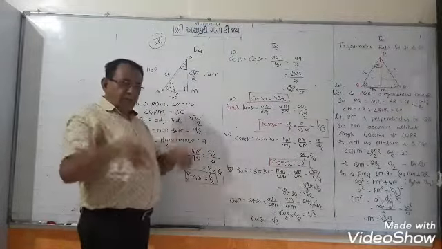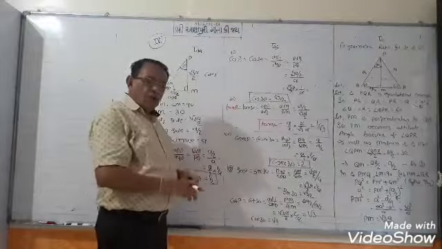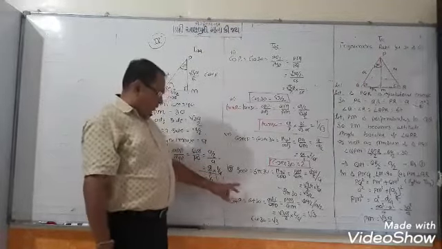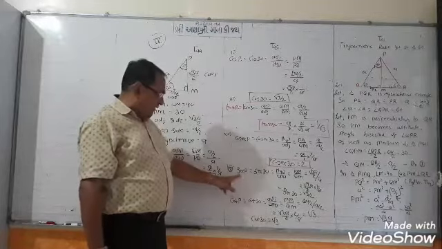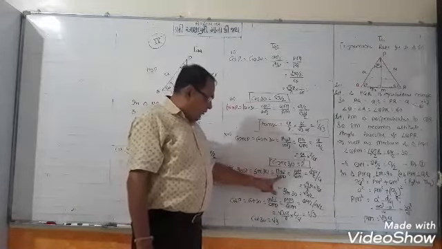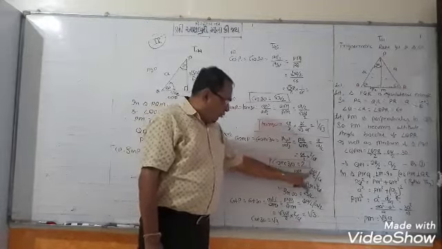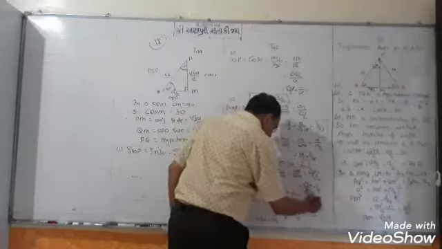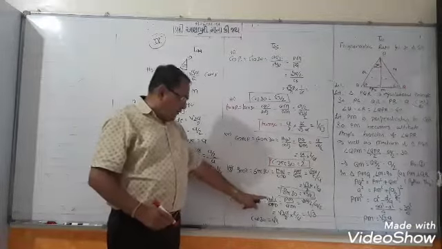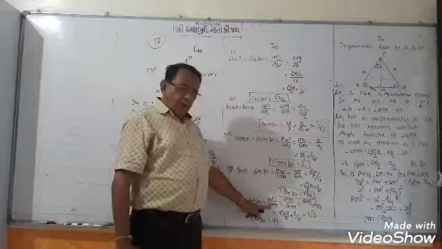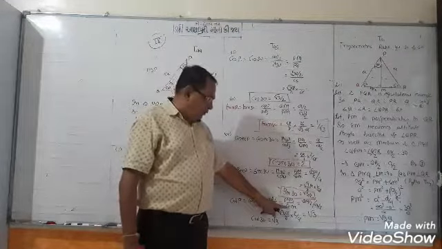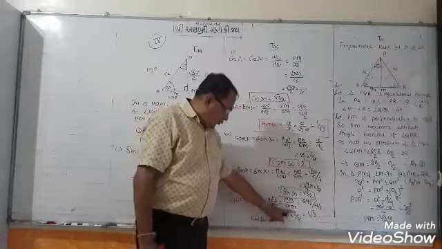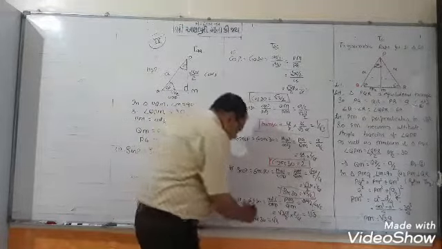Then we will make a table in which we will put all these values, and how it can be memorized I will show you tomorrow. Just now we will complete these derivations. Sec P, sec 30, hypotenuse upon adjacent, a upon root 3a upon 2, cancellations, 2 upon root 3. And the last one, cot P is equal to adjacent upon opposite, PM upon QM, root 3a upon 2 over a by 2. The 2 and a cancel, so that is root 3.